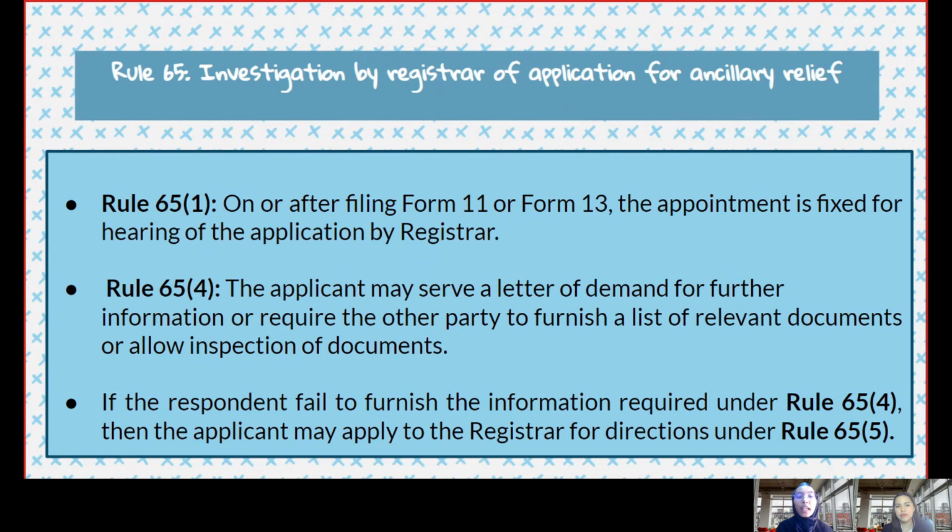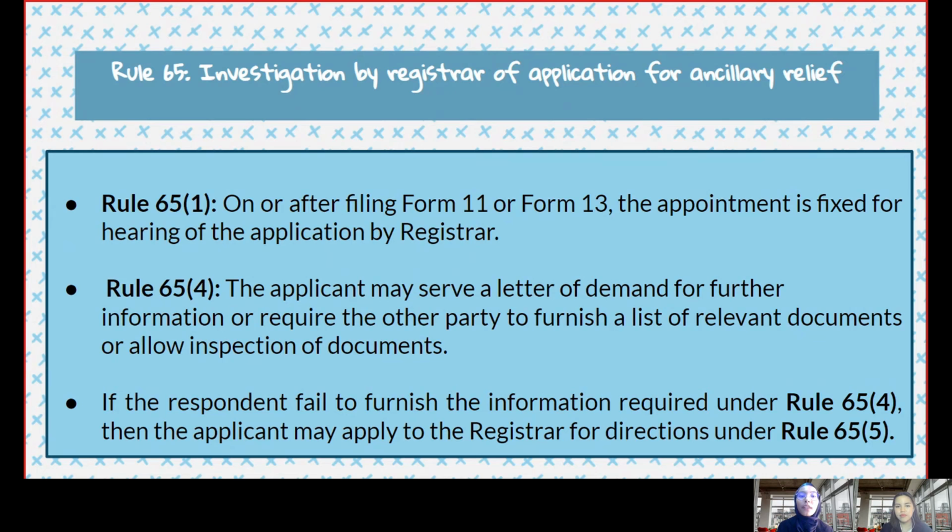Okay, after that, according to Rule 65, it is investigation by the registrar of an application for ancillary relief. Rule 65, Paragraph 1 states that on or after filing Form 11 or Form 13, an appointment is fixed for hearing of the application by the registrar.